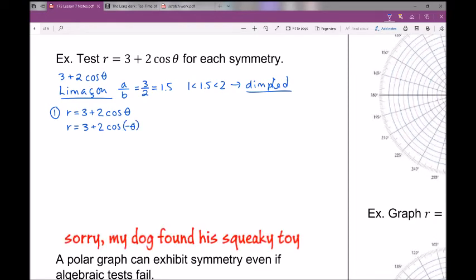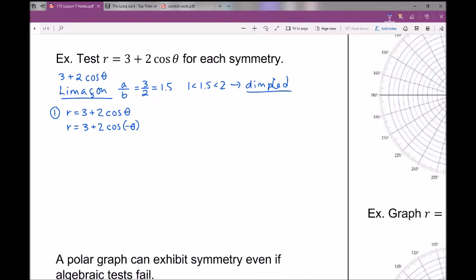Now, if you remember, cosine is an even function, so if we plug a negative number into cosine, it just goes away. So what we get is that this is just equal to 3 plus 2 times the cosine of theta. And because this equation matches our original equation, we can say that the graph has symmetry about the polar axis.